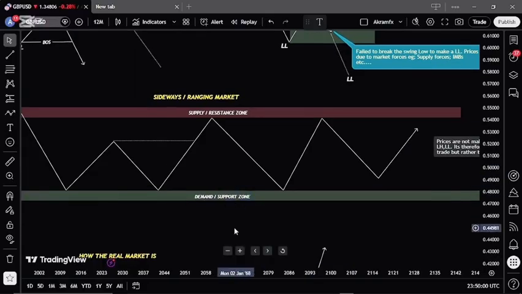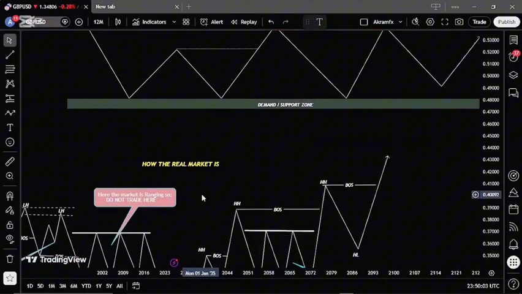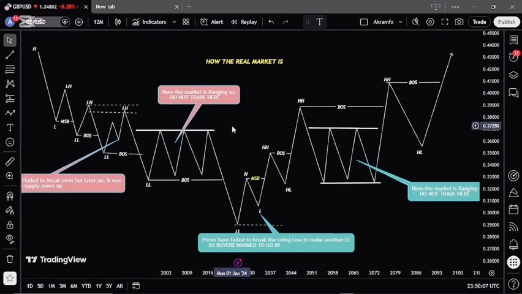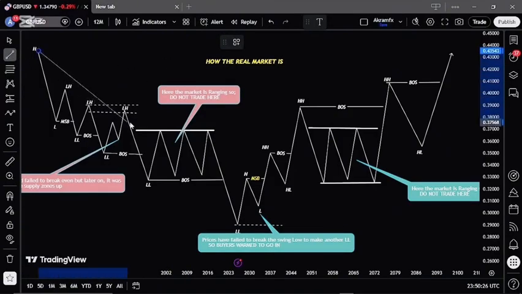So this is a sample of how a real market will look on your chart. It will combine all the three types of markets, but it's up to you as a trader to know where to buy, where to sell, and where to stay out of the market. So at first we had a downtrend, you see.